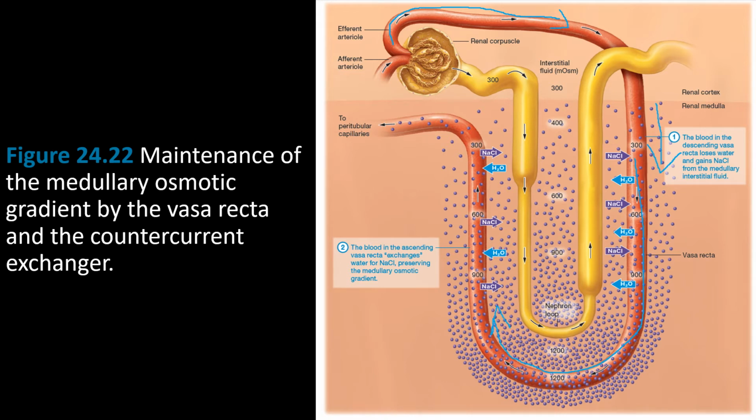And then eventually we get into the ascending vasa recta, which exchanges its water for sodium chloride. And it basically just works to even itself out. And you see as the vasa recta enters this countercurrent, it's at 300, and as it leaves, it's at 300. So it has a net change of 0, but it works to synergize with this nephron loop, maintaining this medullary gradient.